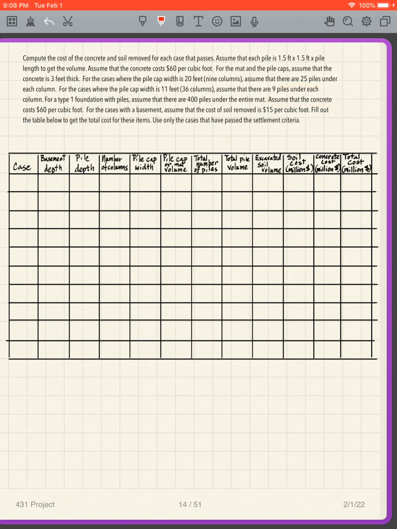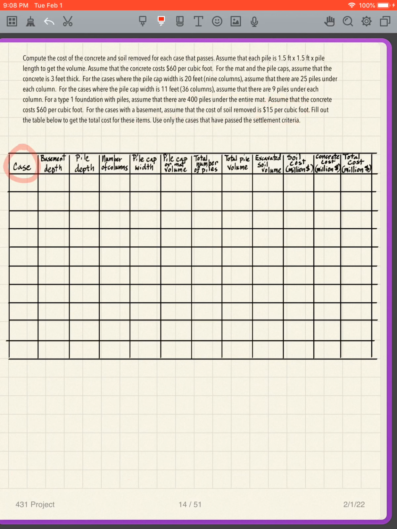And then you're going to get the soil removed. For the cases with a basement, assume that the cost of soil removed is $15 per cubic foot. So you just take the volume of the basement times $15 per cubic foot to get the cost of the soil removed. And this guides you.